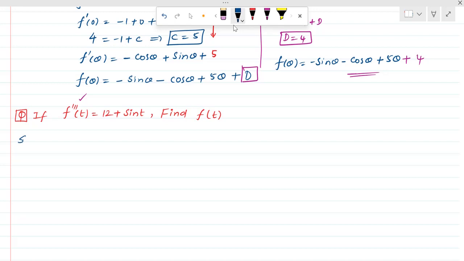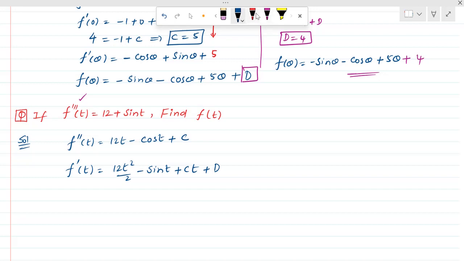Let us check. So first I will do it. First time you will get the double derivative. What is the derivative here? 12t minus cosine t plus c. Now one more time you will have 12t square over 2 minus sine t plus ct plus d.